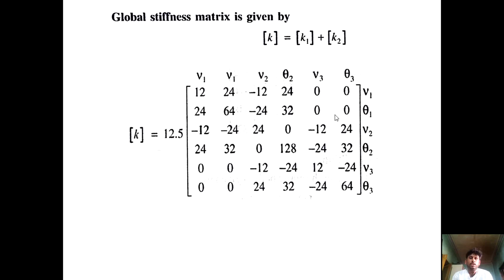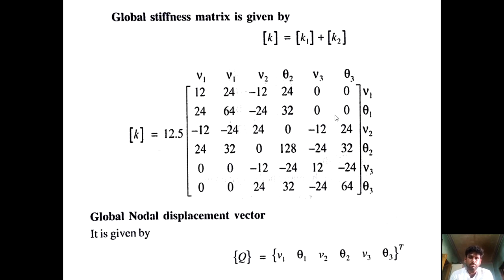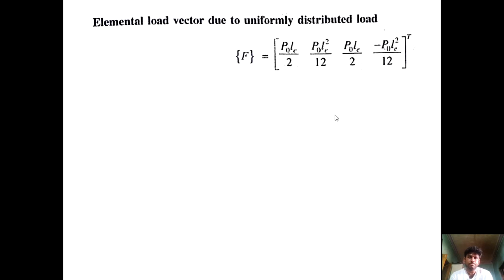This is the final global stiffness matrix. Once I have the stiffness matrix, I need to concentrate on the displacement vector and force vector. The displacement vector will be V1, theta 1, V2, theta 2, V3 and theta 3, which are the field variables.